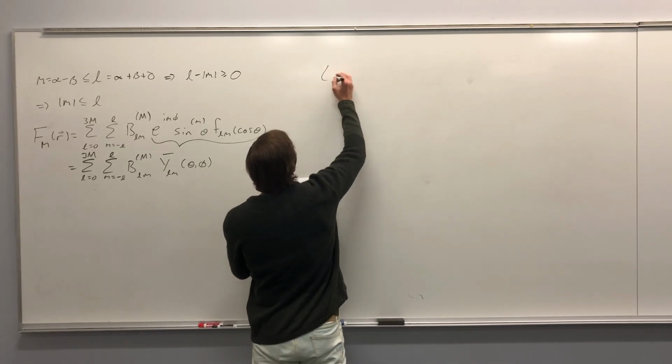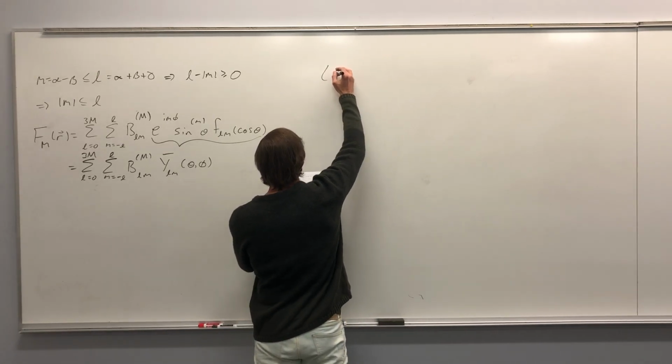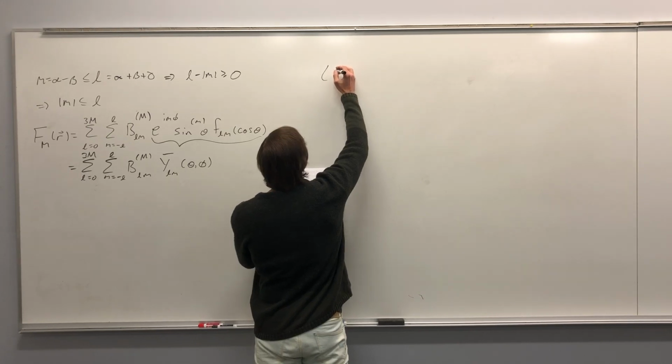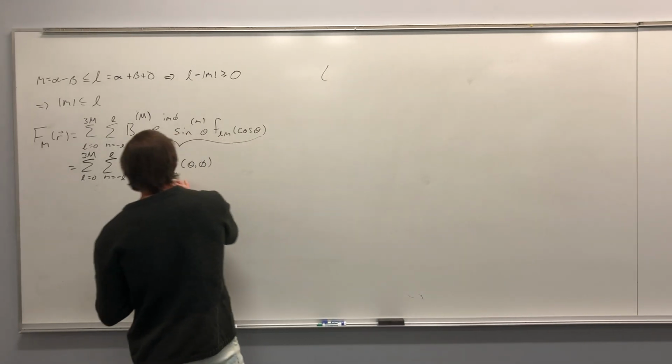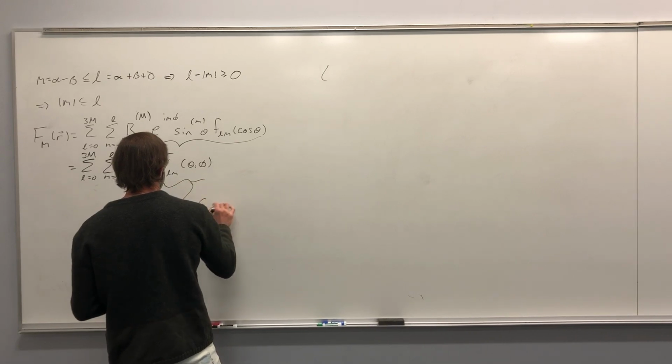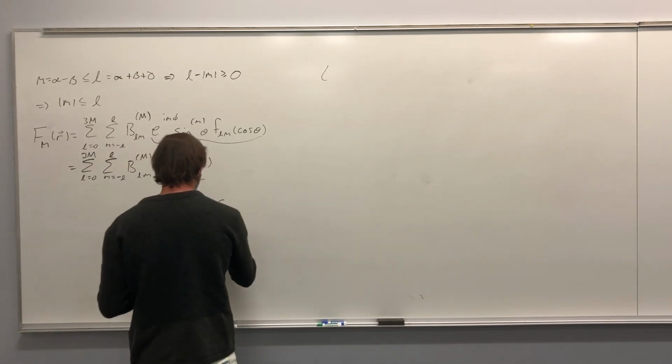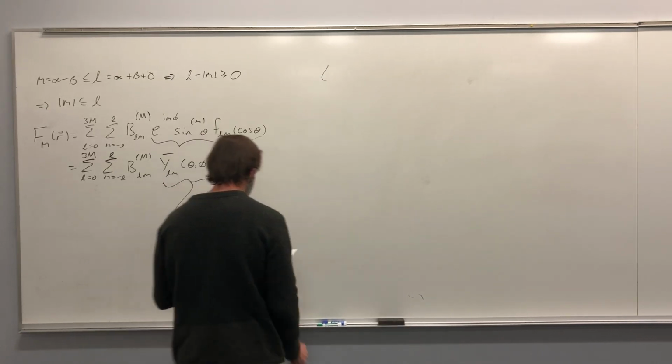first of all, we're going to need an inner product. And actually, if I Gram-Schmidt this, I'm going to get what are called the Y_LMs of theta and phi.